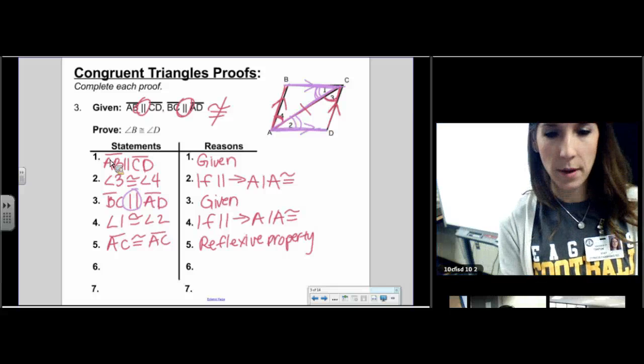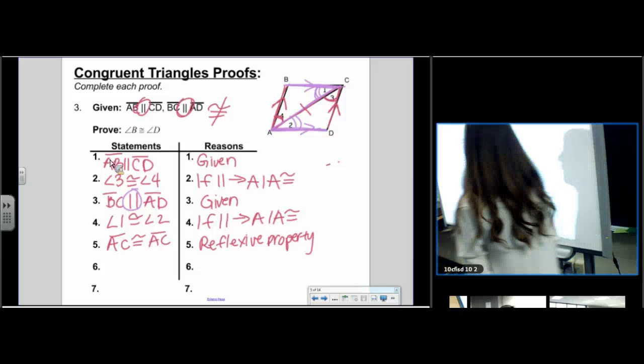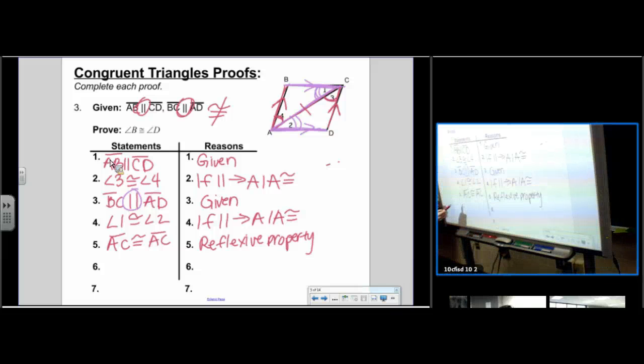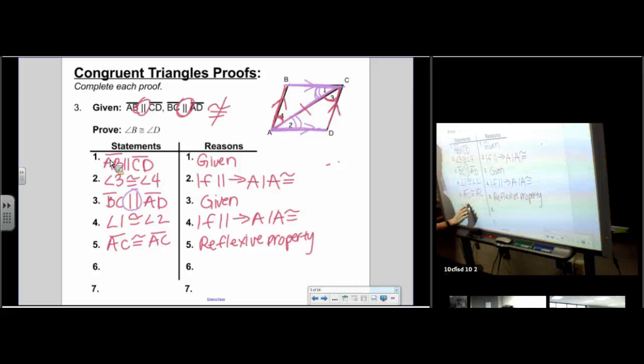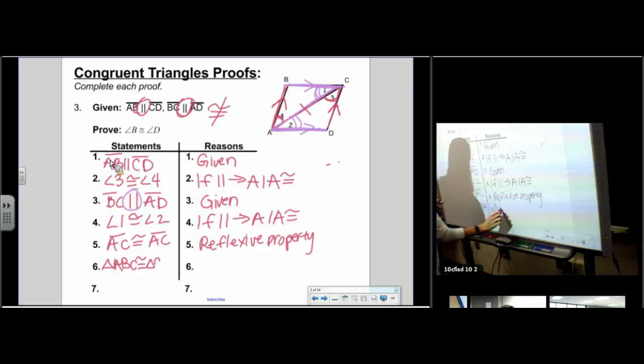Number 6, Araceli. Do you know number 6? So Araceli said that our triangles are congruent. Triangle ABC is congruent to triangle CDA by angle, side, angle. Very good.